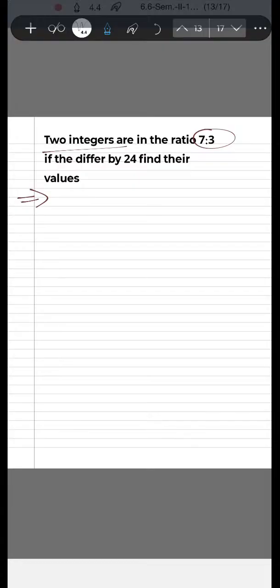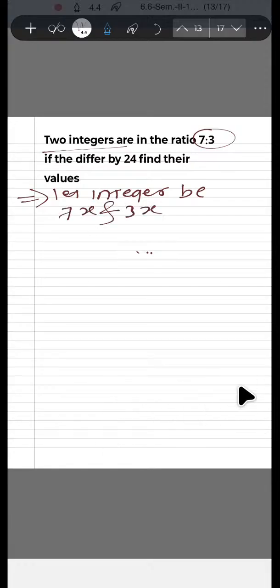So let the integers be 7x and 3x as the ratio.